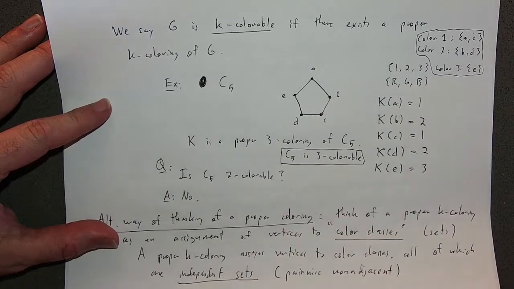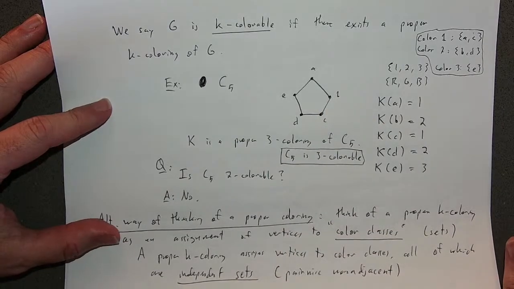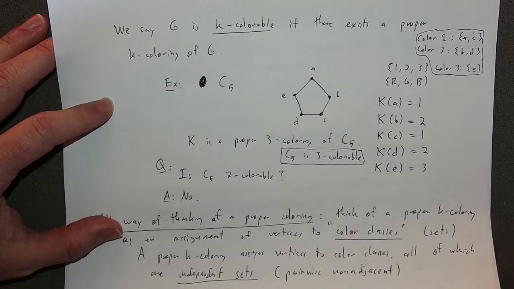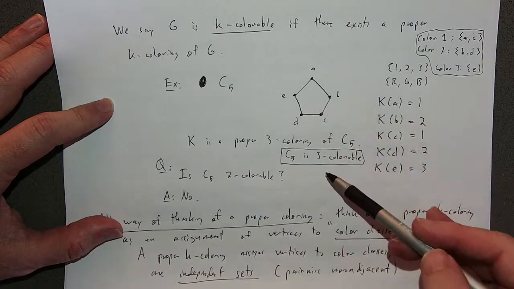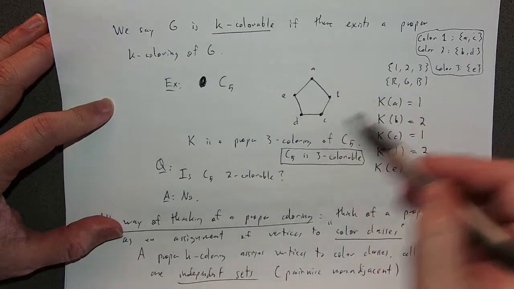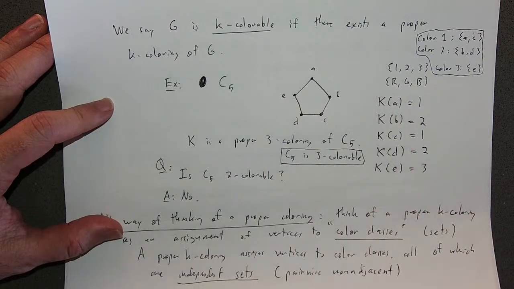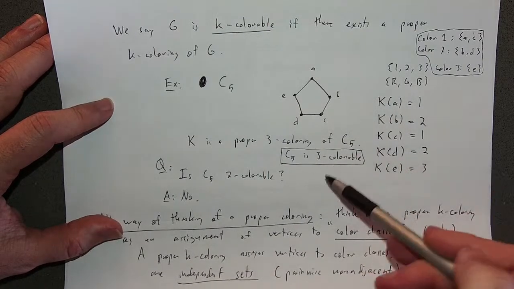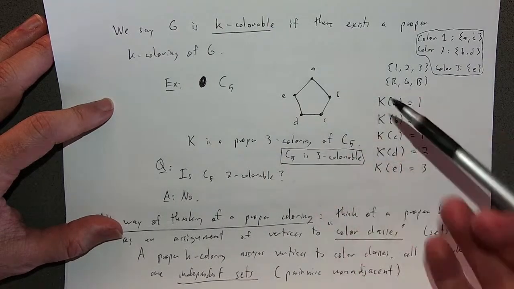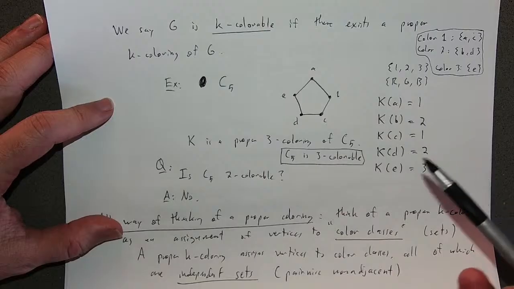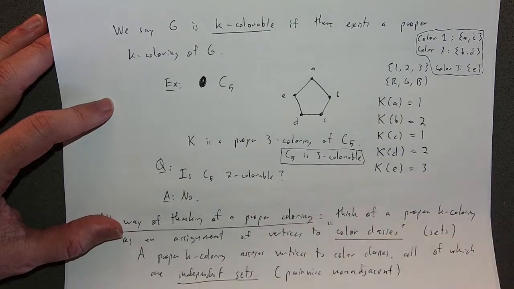This very easily shows that it's 4-colorable or 5-colorable, because if you can color it in such a way that adjacent vertices never have the same color, then of course adding more colors just makes it easier. So if it's 3-colorable, then it's absolutely 4-colorable, 5-colorable, 6-colorable, and so on. It just gets easier and easier to do this.